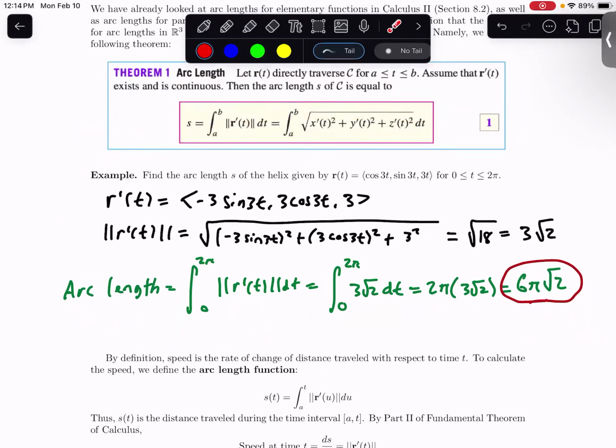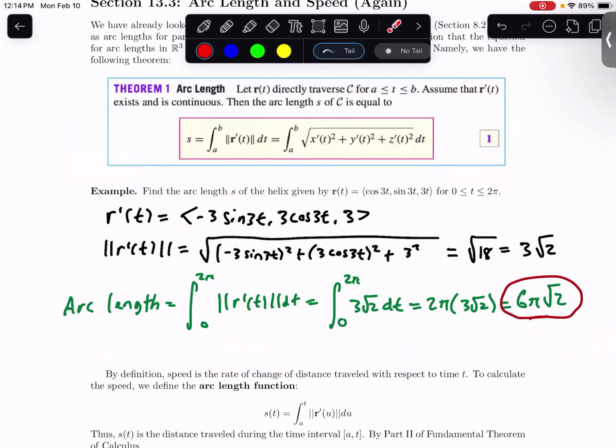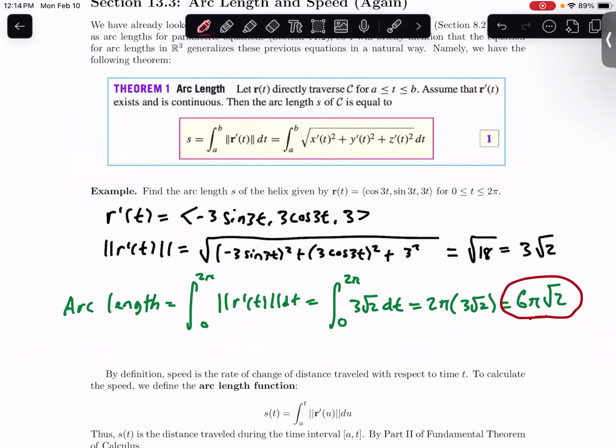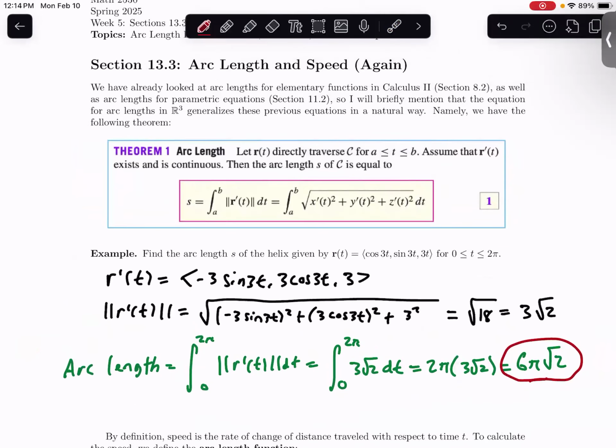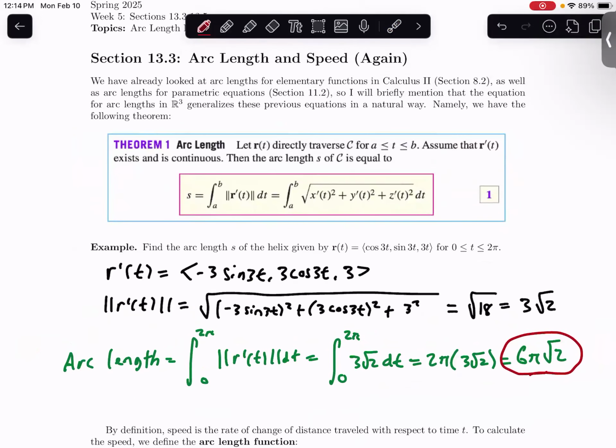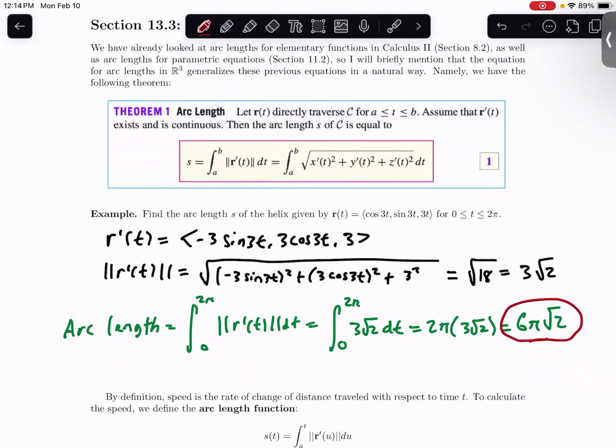Okay, and so we're going to be interested in the arc length, namely in order to compute curvature, at least in order to introduce the idea of curvature. And so how this is going to work is it turns out to understand curvature, you have to take a parametric equation and then you need to reparameterize it in terms of this new variable s, where s is the arc length.